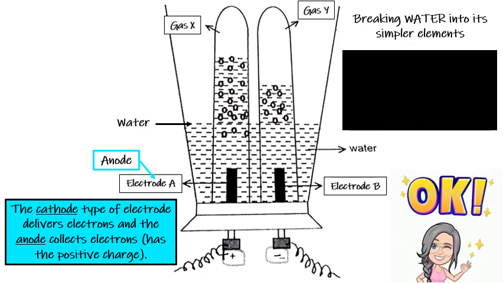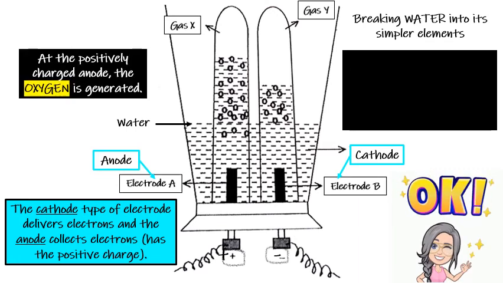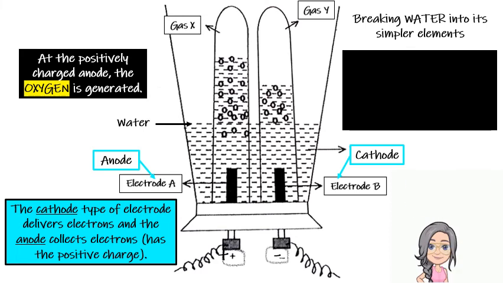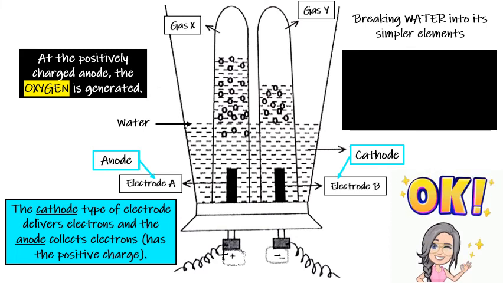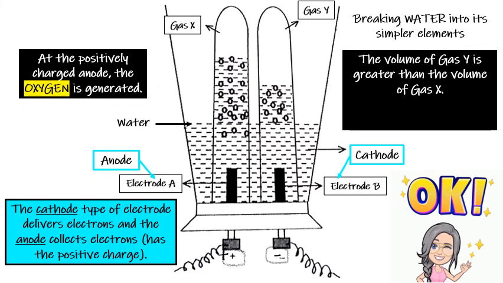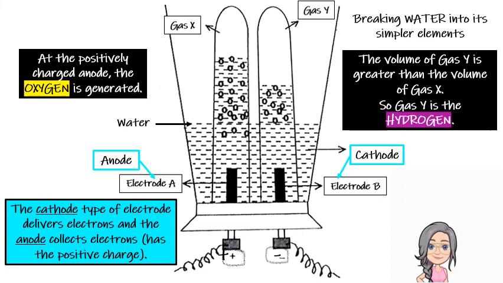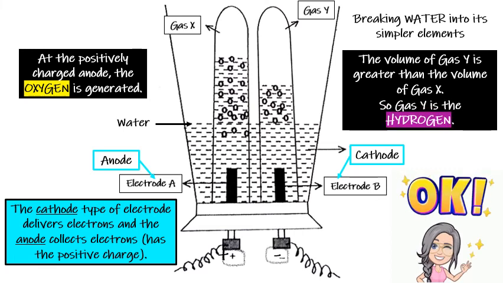It's the cathode. Which gas is produced at the anode? It's the oxygen. At the positively charged anode, the oxygen is produced. And the volume of the oxygen produced is half the volume of the hydrogen. So the volume of the hydrogen is double the volume of the oxygen. So we can clearly tell that gas Y is the hydrogen. Okay?